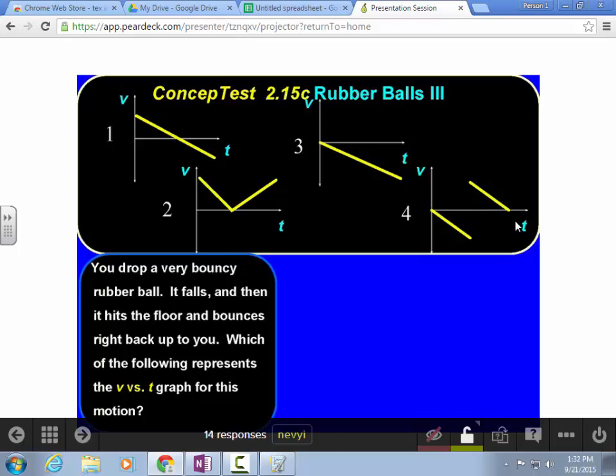The actual lab is happening in class tomorrow. The graphs are due tomorrow. You need to bring them in for your lab, and then you need to hand those in. V versus T, X versus T squared, X versus T.